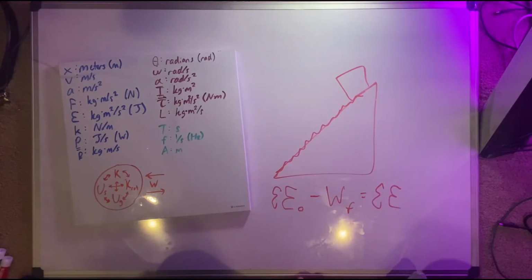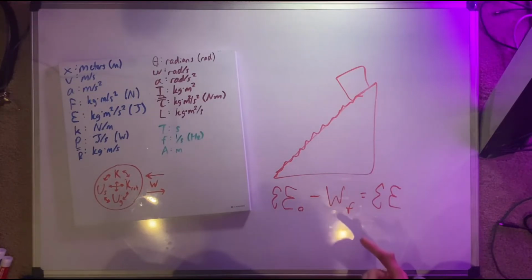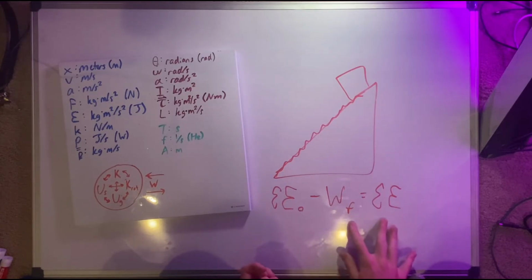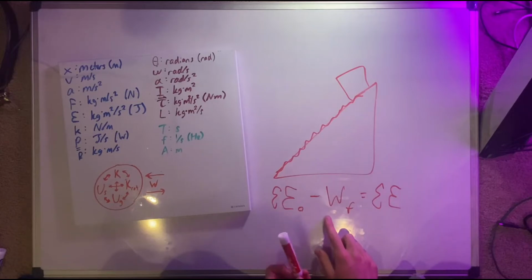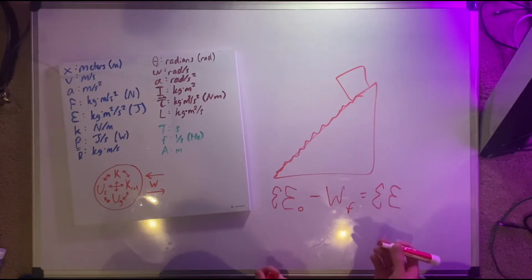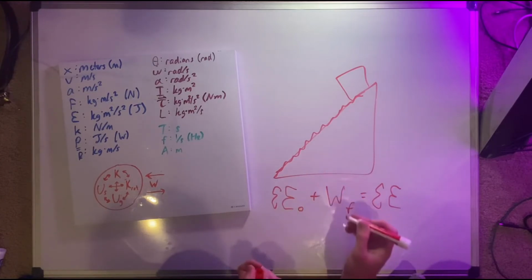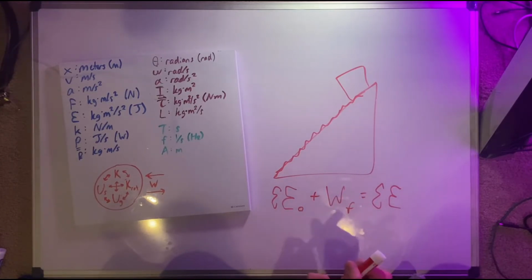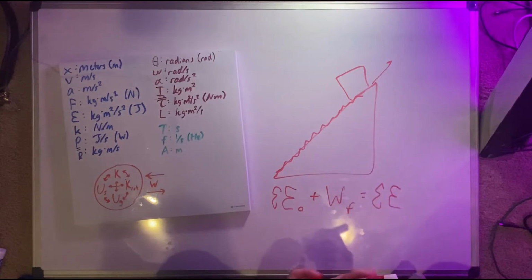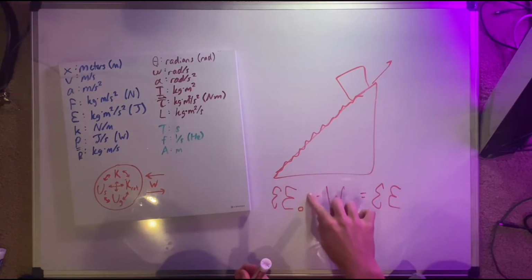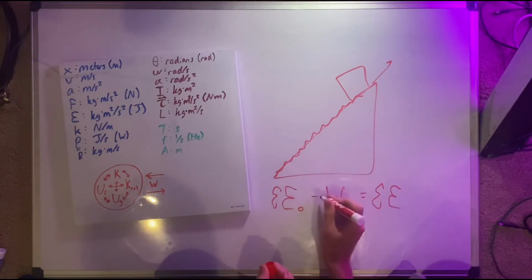Now keep in mind that I'm using sum of energies here, and we would talk more about that in the energy videos on why exactly this equation is very useful. But keep in mind, though, that work actually acts as a vector too. So really, you're always adding work. But the thing is, because friction is acting in the opposite direction that it's moving, it then becomes minus. It's slowing it down.